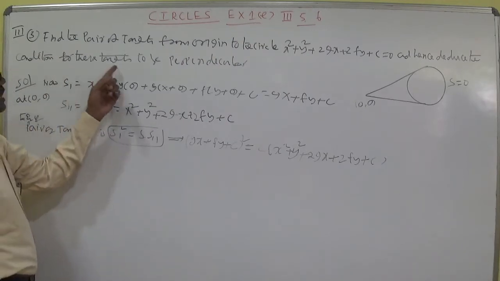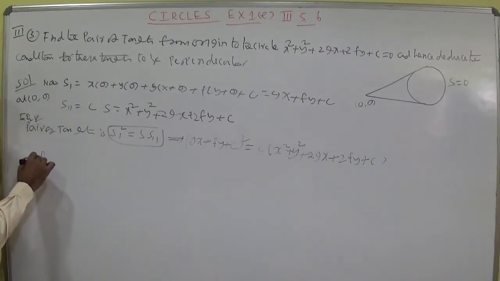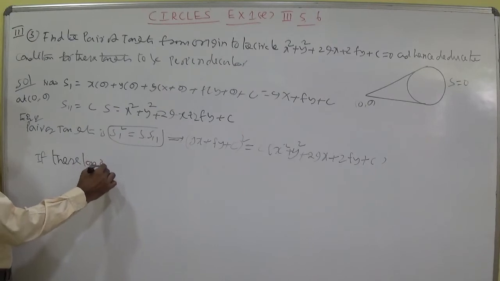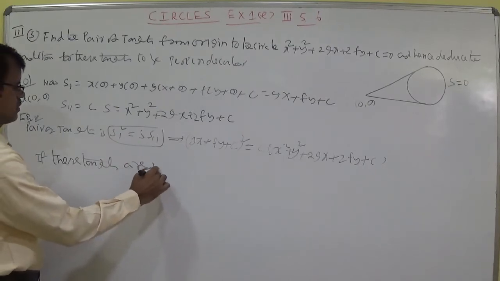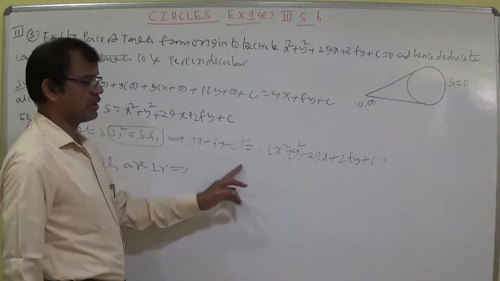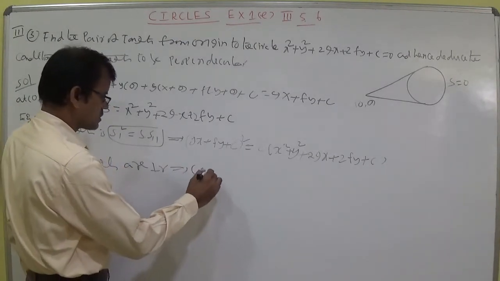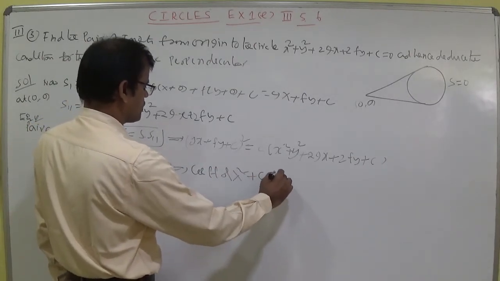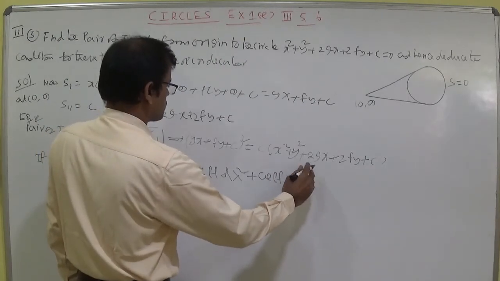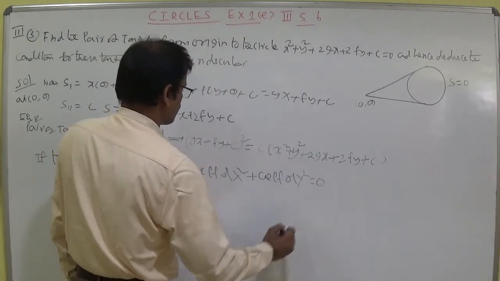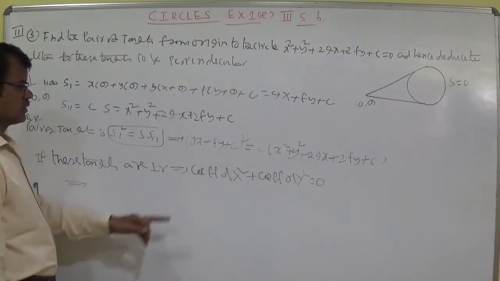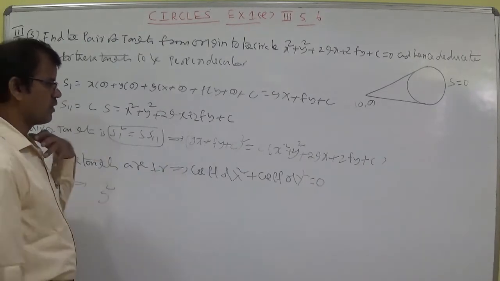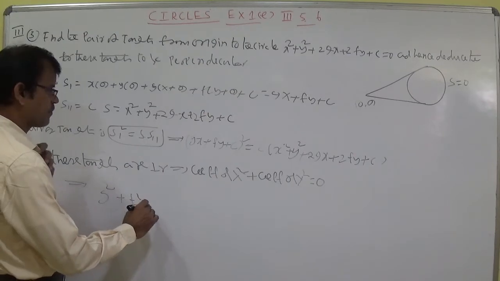Now, let us discuss the condition for these tangents to be perpendicular. If these tangents are perpendicular, that implies for the pair of tangents equation, coefficient of x square plus coefficient of y square equal to 0. Here the coefficient of x square is g square, and the coefficient of y square is f square.